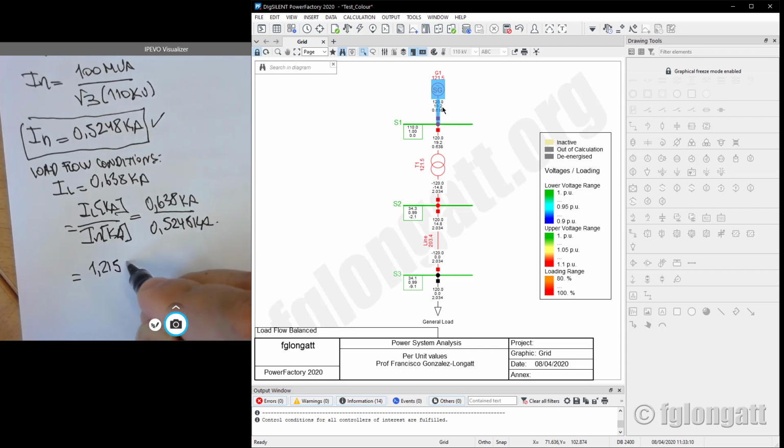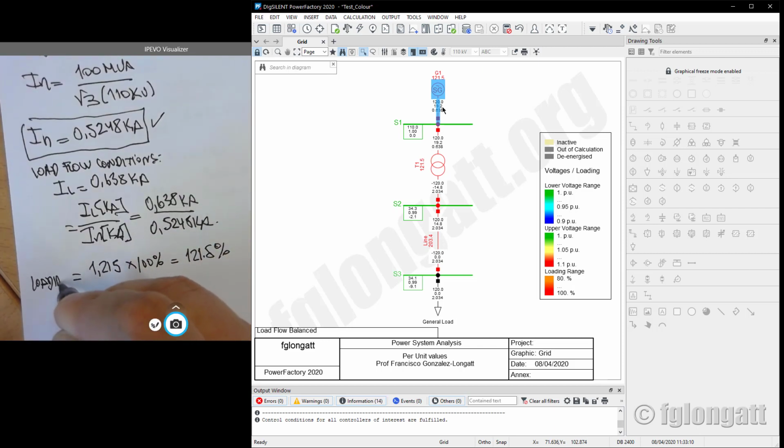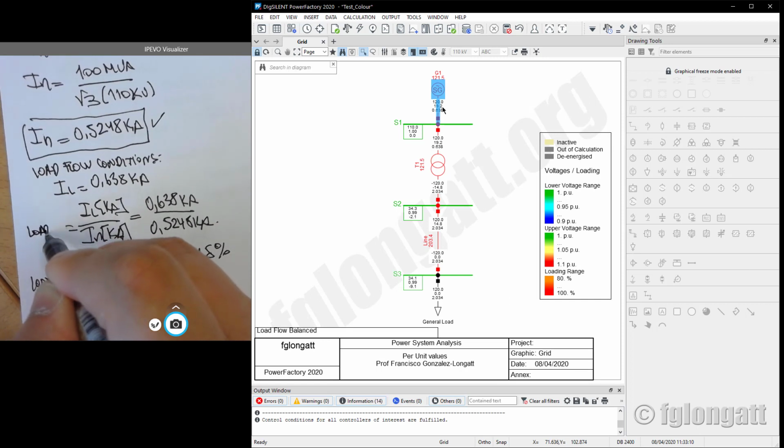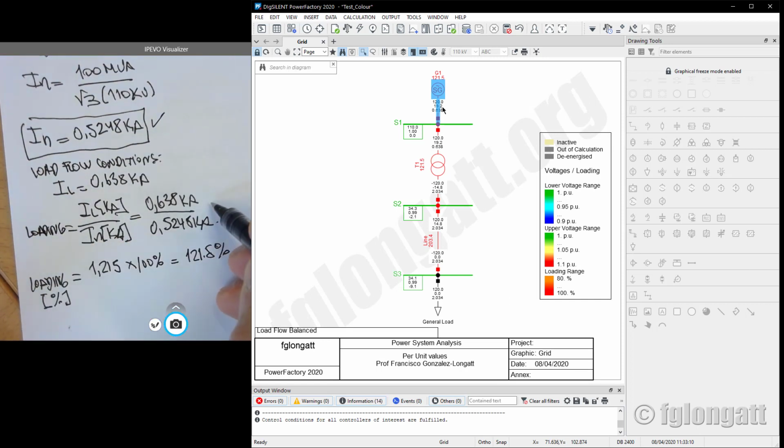If we multiply by 100%, that is 121.5%. And that is the loading, in this case in percentage. When we cancel the units here, we obtain per unit.